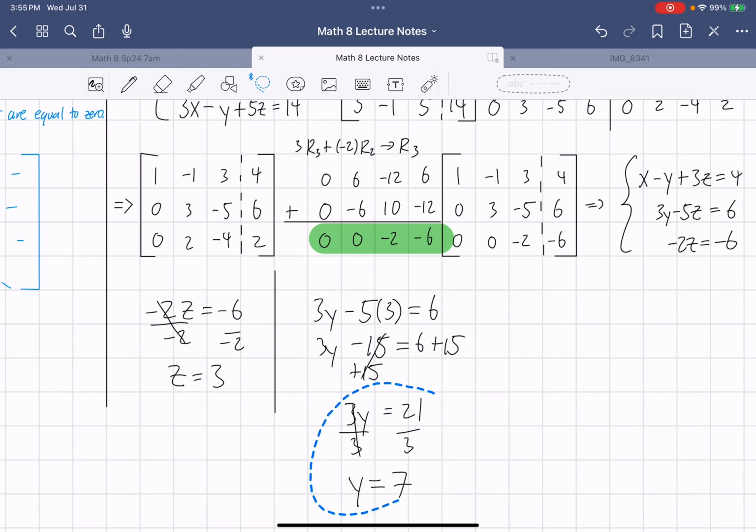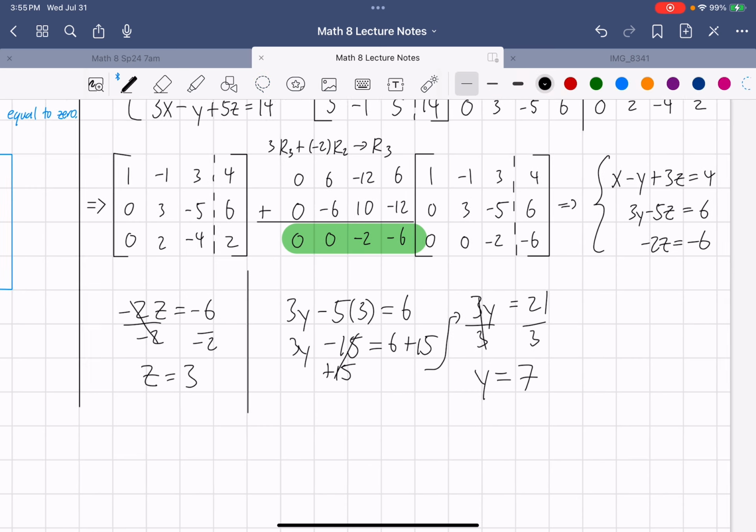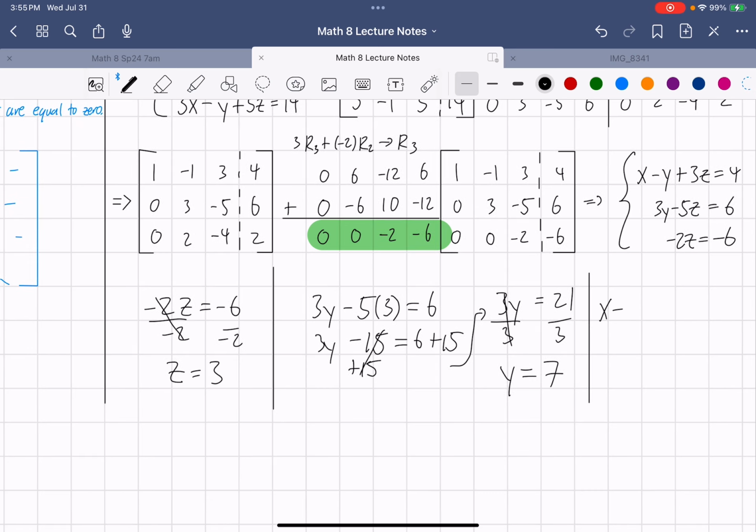I should probably move this so it's just not too full. And then last but not least, we have x minus 7 plus 3 times 3 equals 4. That's going to be 3 times 3 is 9, plus negative 7 is going to be x plus 2 is equal to 4.